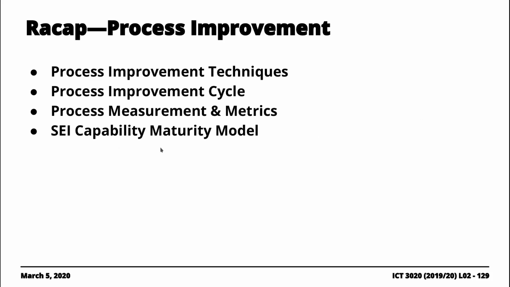And then we introduced this notion of the importance of empirically measuring this process improvement cycle. We also highlighted the fact that this process improvement cycle is typically quantitative in nature. And then for good measure, we looked at a classic example of a maturity approach, which is the Software Engineering Institute Capability Maturity Model.